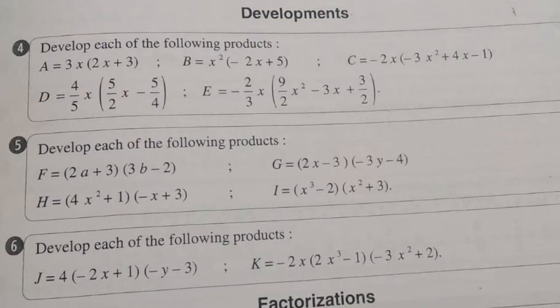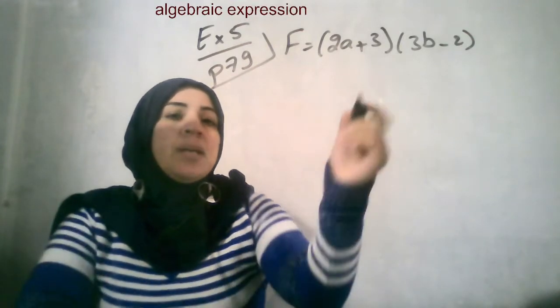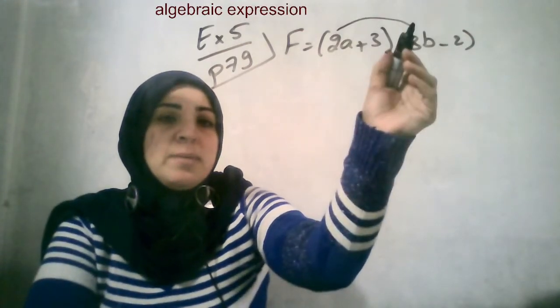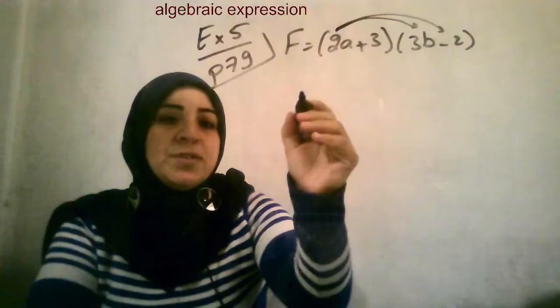Now it's exercise 5. Develop each of the following products. F equal to 2a plus 3 multiplied by 3b minus 2. How to do it? I have to multiply 2a by 3b and then 2a by minus 2. That's the first step.